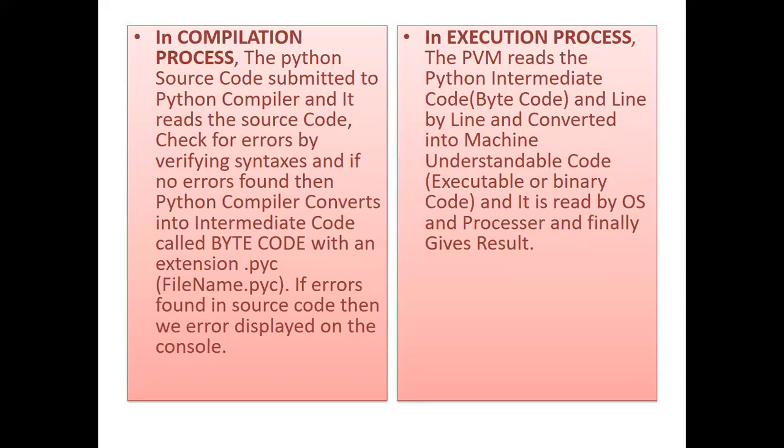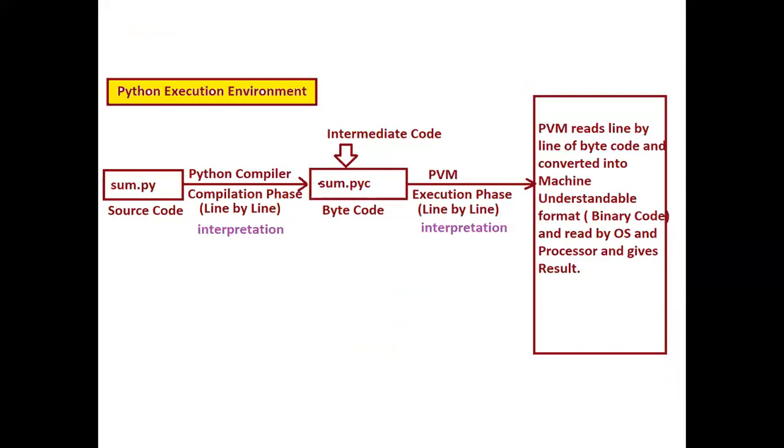Let me show you with the help of a diagram. See, this is a file which I have saved, that is sum.py. Now, what does the compilation process do? The Python compiler reads the source code line by line and converts it into the intermediate code, that is sum.pyc, which is a bytecode, right?